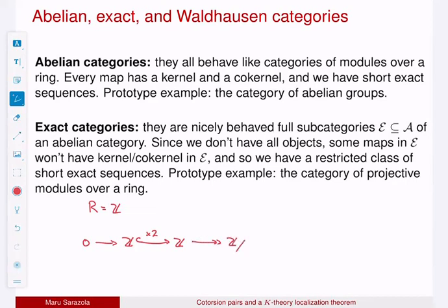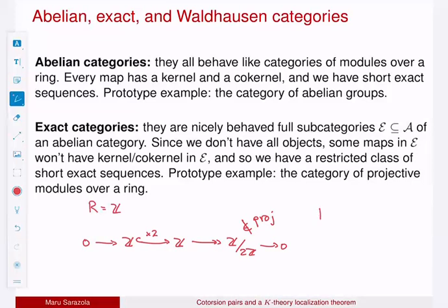Well, the quotient is just going to be Z mod 2Z. And what happens here is that Z is a projective Z-module because it's free. However, Z mod 2Z is not a projective module. So this is an example of a monomorphism in the category of projective modules whose co-kernel does not live in the category anymore.